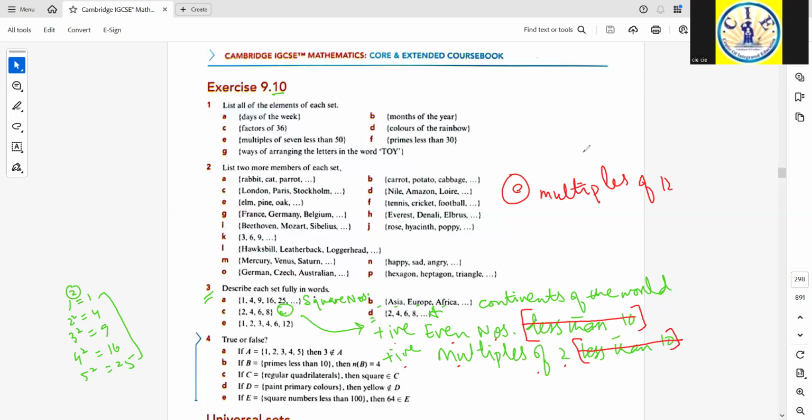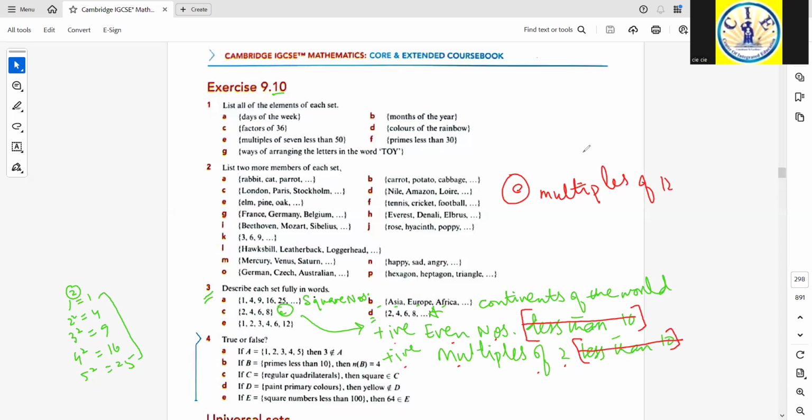And then finally for question number 4. Now it's question number 4. True or false?